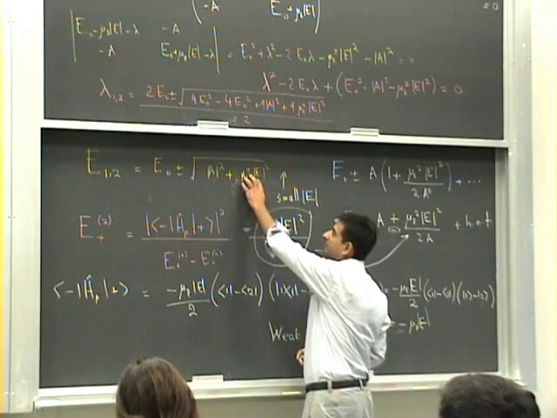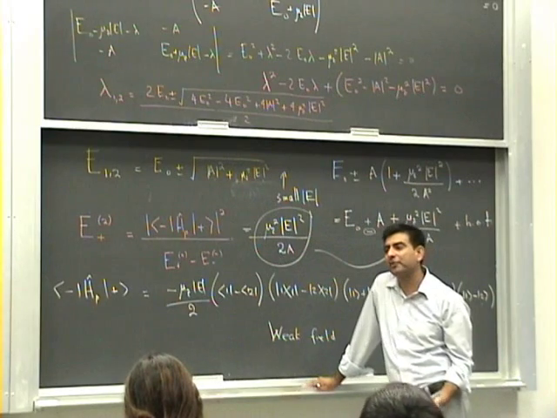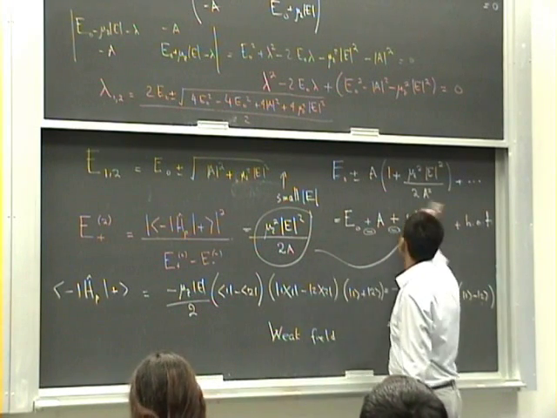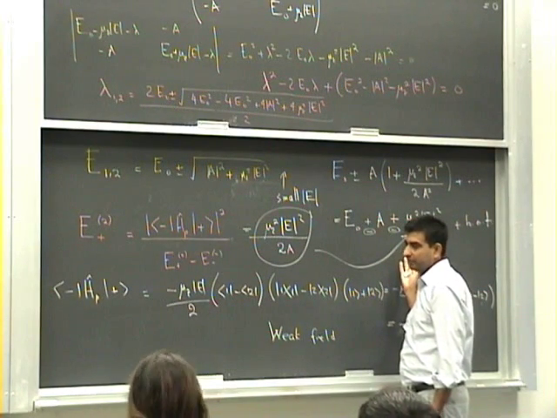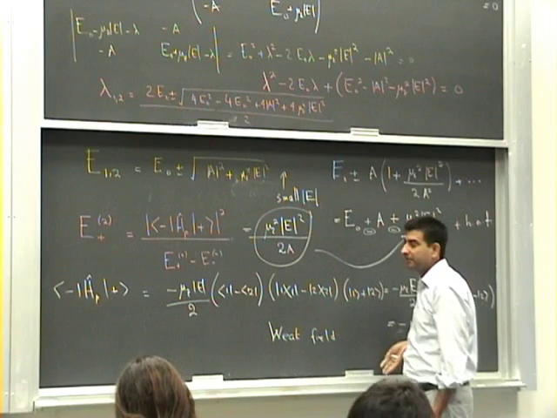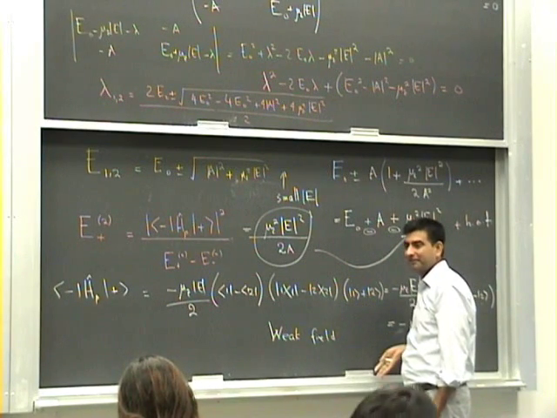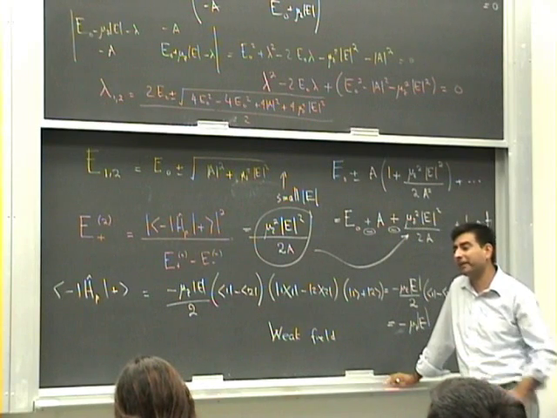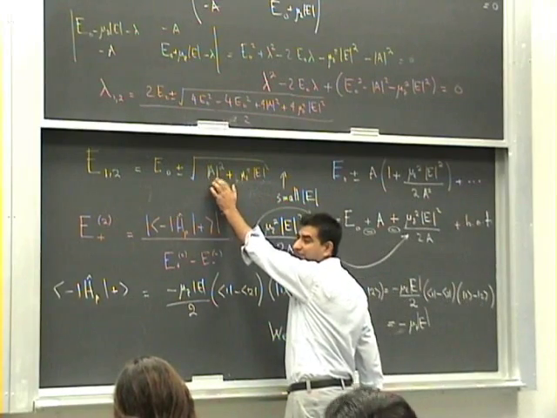The relative magnitude of this term with this term. This expansion is valid only for weak fields. And the time dependent perturbation theory is also valid for weak fields. Now what we would like to do is see what happens when the applied field is strong, when this term dominates over this term.